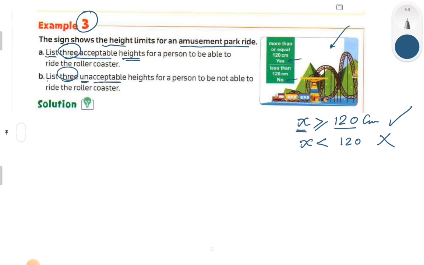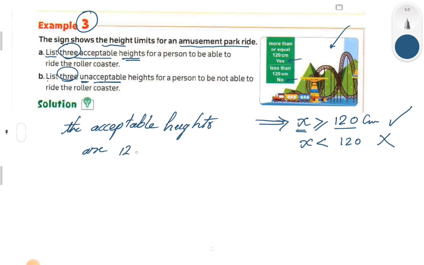Now, 3 acceptable heights. The acceptable heights are greater than 120 or equal. So I can start with 120, 125, 130, and so on. But for B, we need 3 unacceptable.